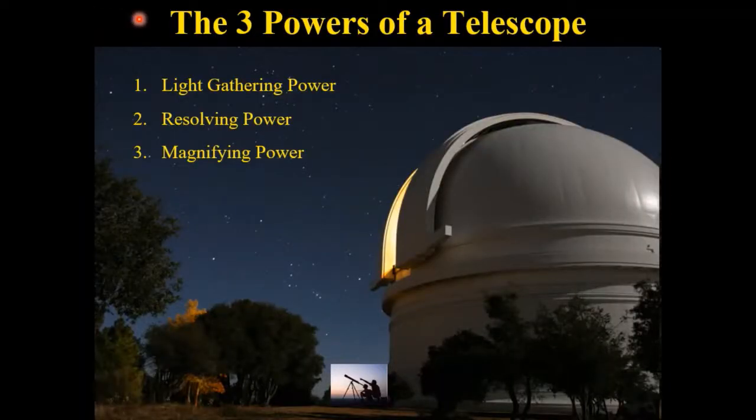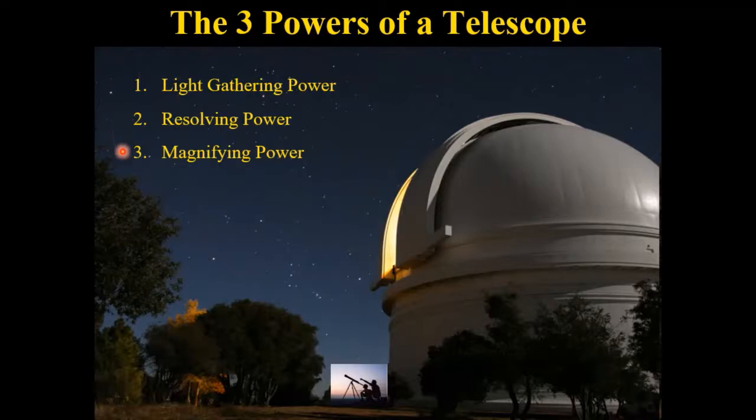So what we're going to do next is talk about the three powers of a telescope. So telescopes basically do three things. They collect and gather a lot of light. So this is called the light gathering power. Telescopes also allow us to see details in the objects we're looking at. And so this is called the resolving power of a telescope, how much resolution it has.